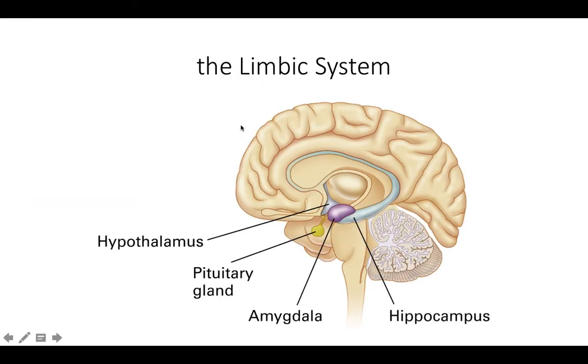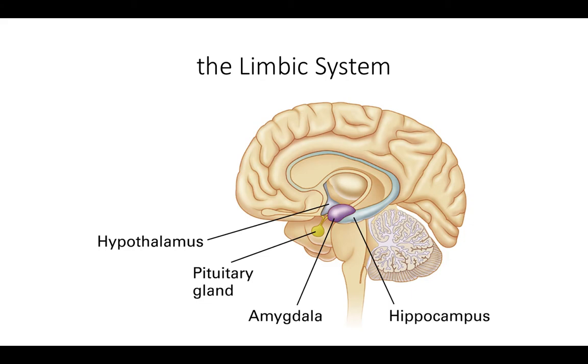Okay, the last thing is the limbic system. The limbic system is interesting because it is not a structure. These pieces of the brain are not structurally related to each other, really. They are all in the same general area, but they are functionally related loosely in that they all deal with somewhat similar things having to do with memory and primitive emotions.